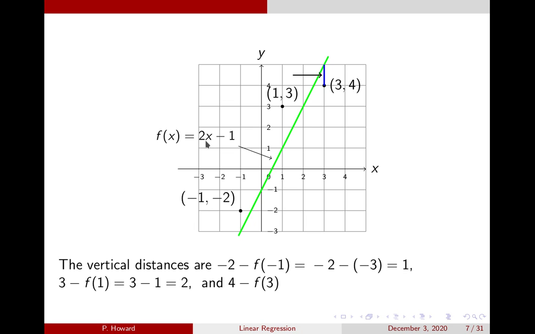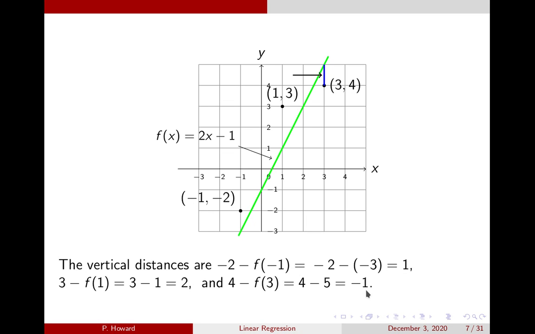Plugging 3 into the formula for f gives us 6 minus 1, which is 5. So we'll be calculating 4 minus 5, which is minus 1. So we have now calculated the three vertical distances of each of the 3 points from the graph. The first was 1, the second was 2, and the third was 1.